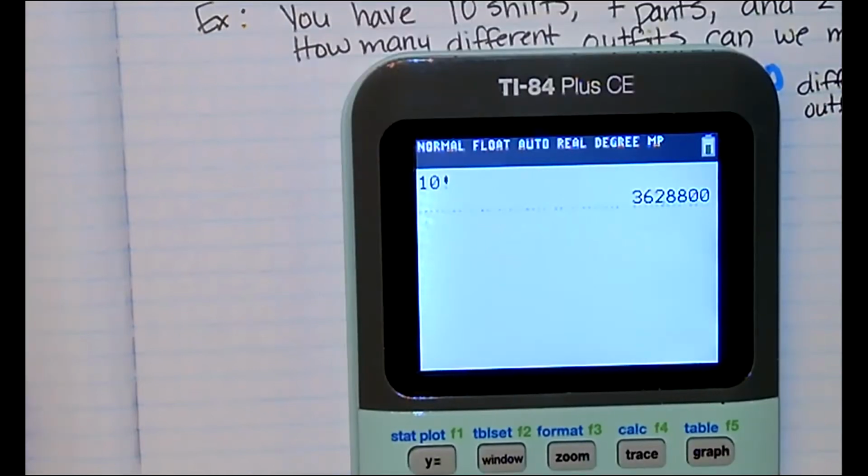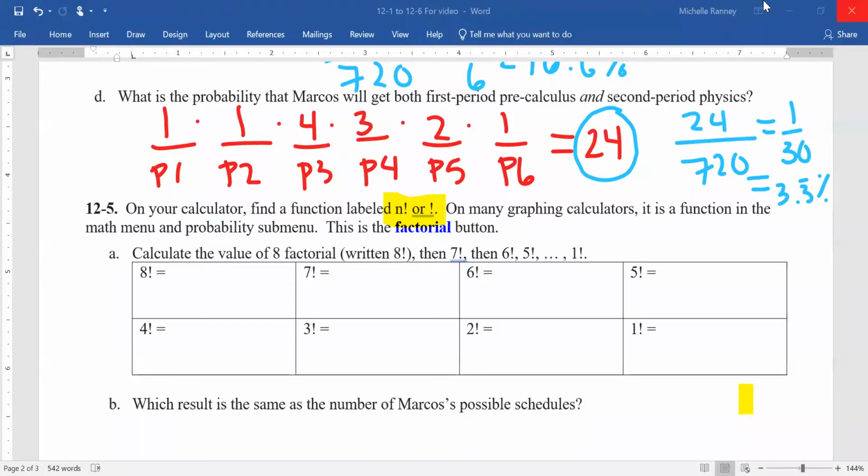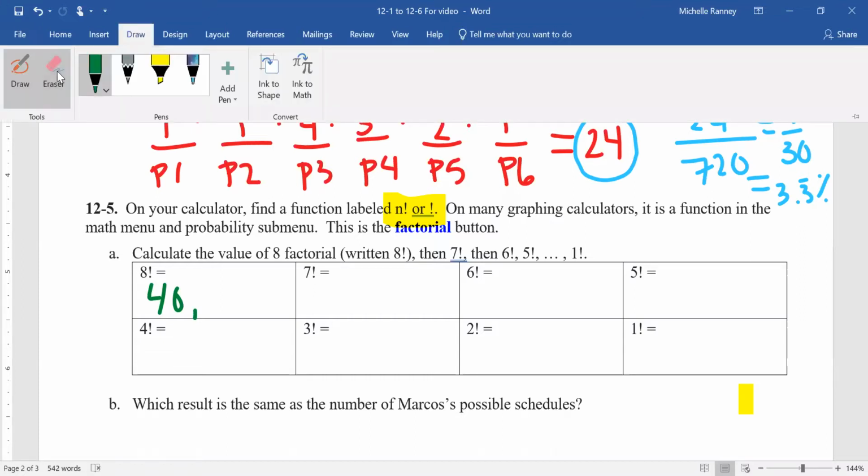Okay, so now let's look back at the worksheet and let's check your answers. So for 8 factorial, you should have had 40,320.